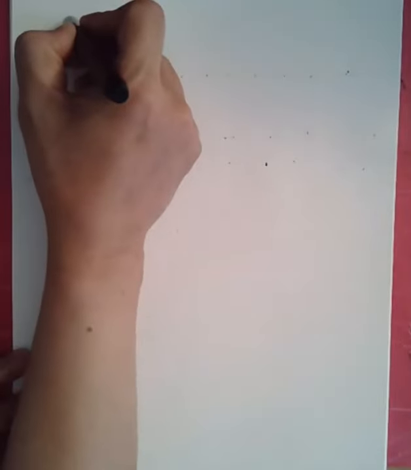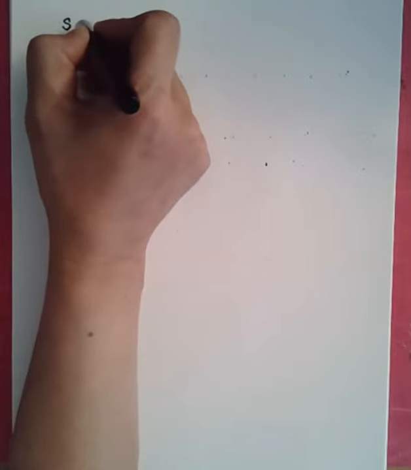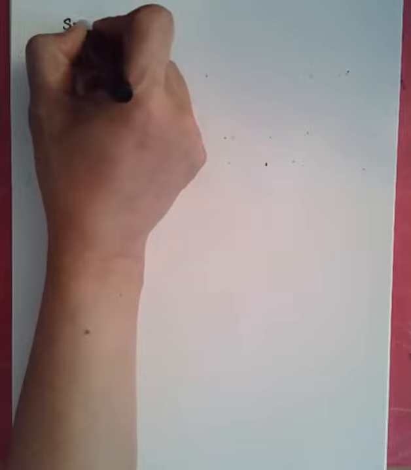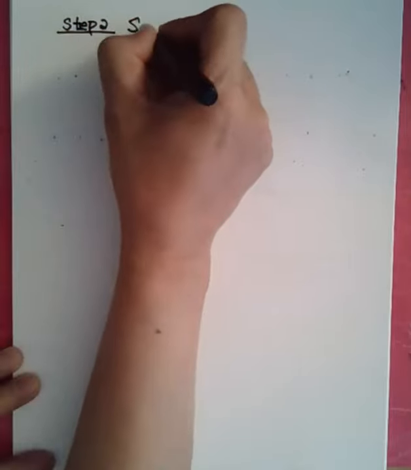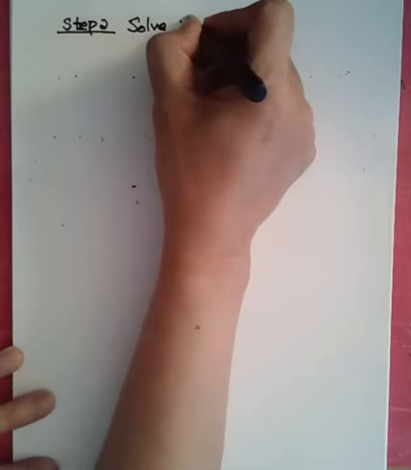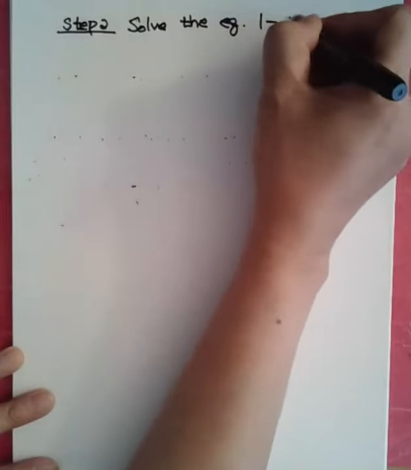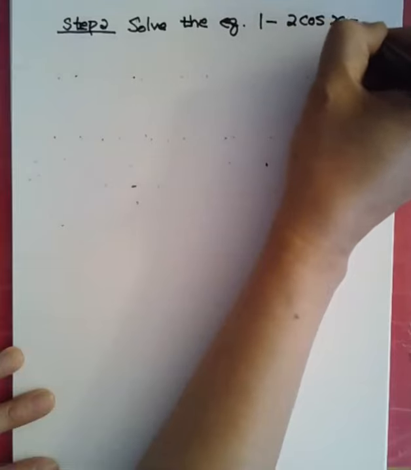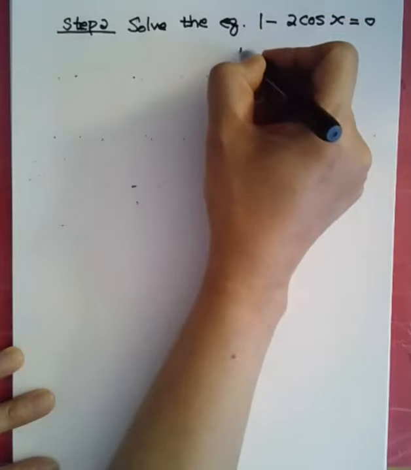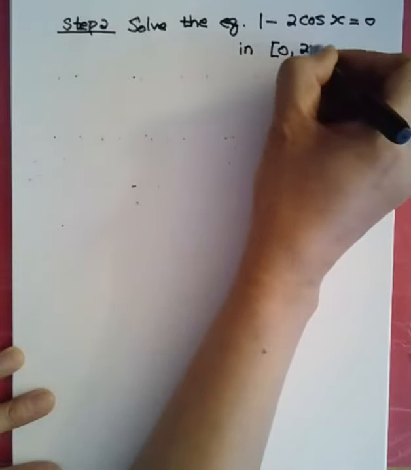To identify the x-intercept, let's solve the equation 1 minus 2 cosine of x equals 0. We will consider the interval 0 to 2 pi.